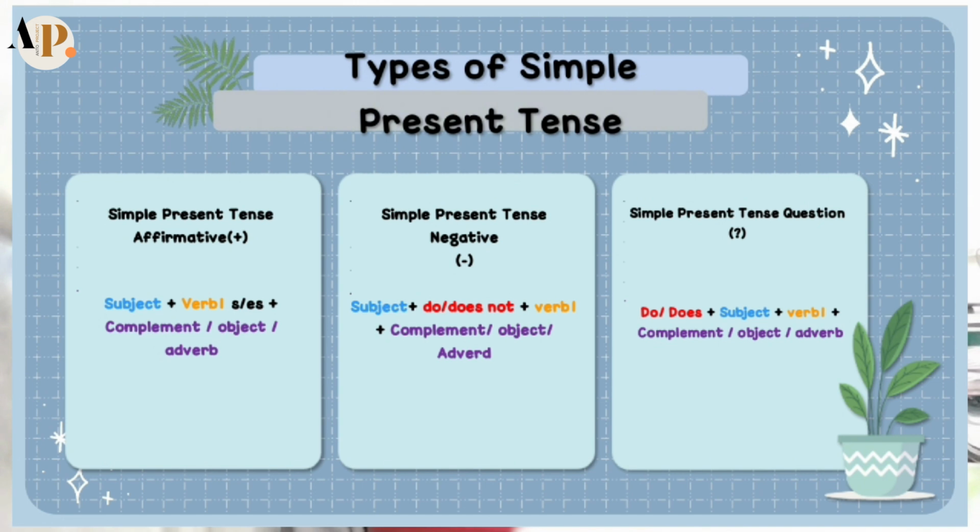Simple present tense negative: subject plus do or does not plus verb 1 plus complement or object or adverb. Simple present tense question: do or does plus subject plus verb 1 plus complement or object or adverb.